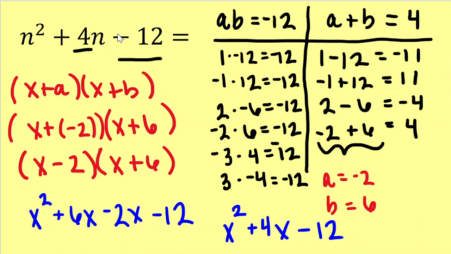You know what? I just realized I changed variables here. Sorry about that, guys. So these were supposed to be n's this entire time. So here, let me just go ahead and fix that. So n here.